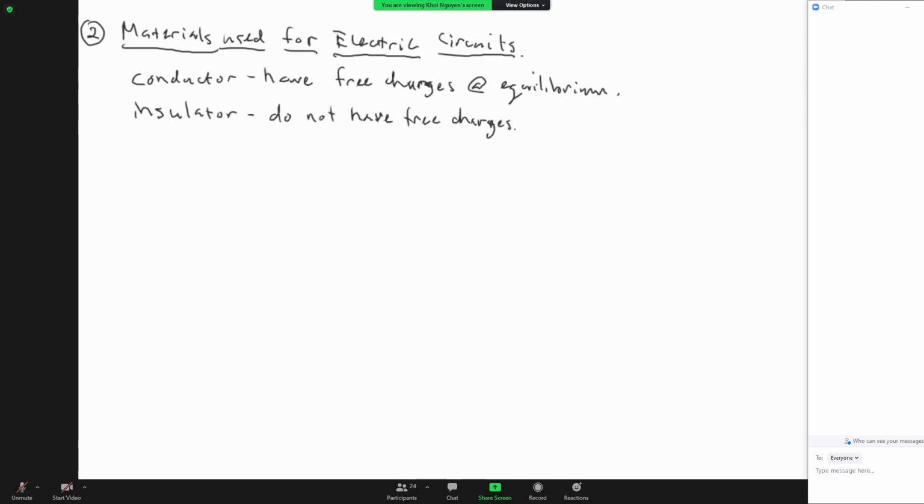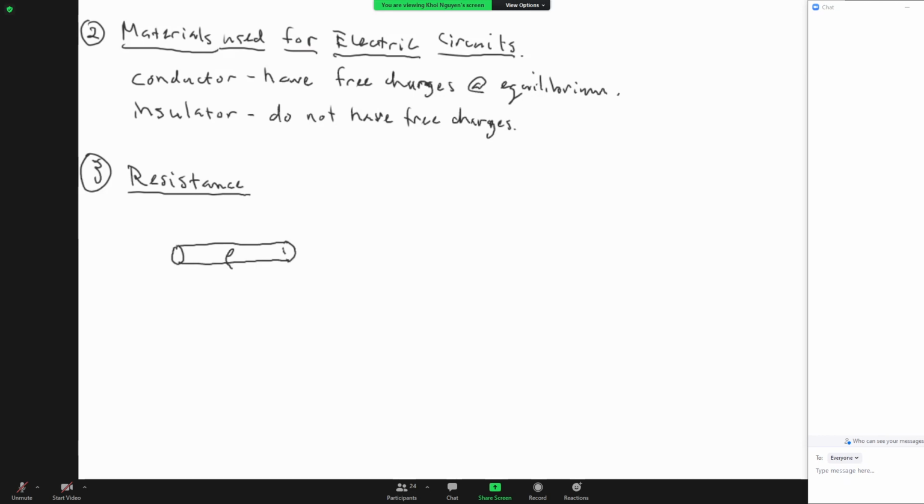So we need to know how these materials relate to the terms conductivity and resistivity. And to do that, we need to introduce the third thing we need to know about electric circuits, resistance. Just keep in mind that any current carrying material has some resistance associated with it.